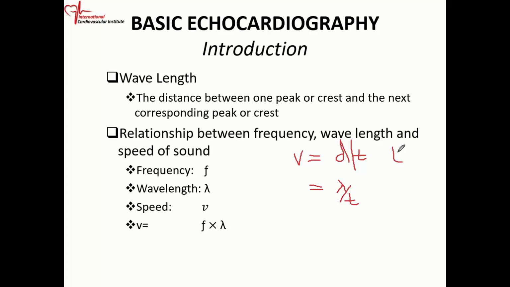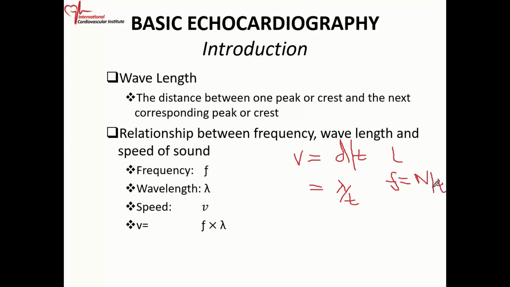So we say that frequency is the number of complete cycles per second. So it is a number over time. So one frequency is equal to 1 over time.